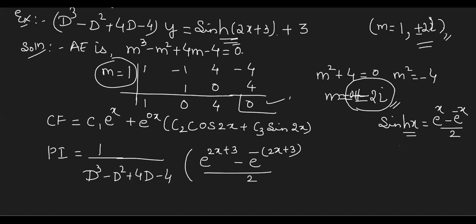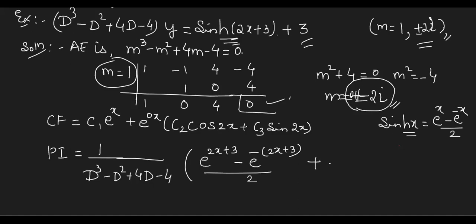This is sine hyperbolic 2x plus 3 plus. Now how do we write 3 with the help of exponentials?